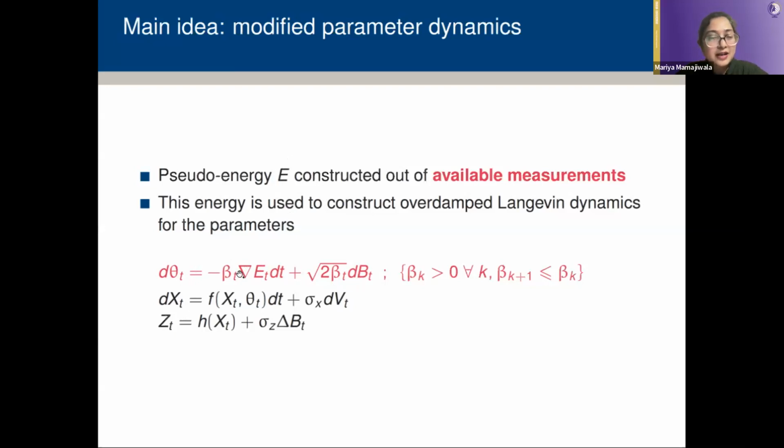So it should be high initially, so we explore more, and then slowly reduced as we start converging. The other two equations remain as they are, so the process dynamics and the measurement dynamics remain unchanged. And these three equations now define the problem. So basically what we are doing is we are just changing how the problem is posed. And so once we have these set of equations, we can use any filtering algorithm, not just ensemble Kalman filter.